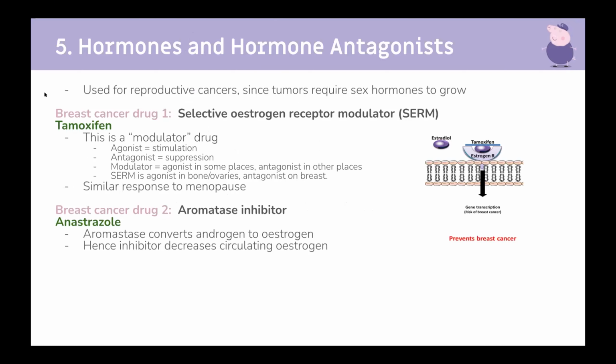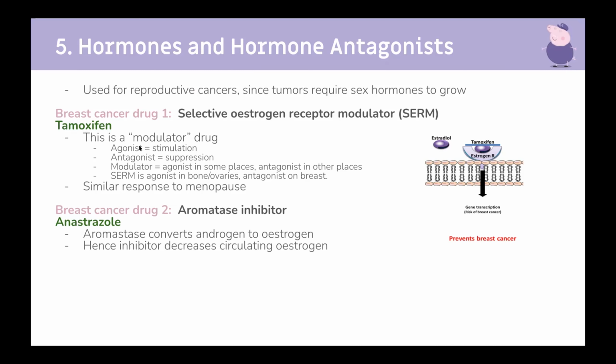Okay, so hormones and hormone antagonists. These are used for reproductive cancers, so that's mainly breast cancer and prostate cancer. You can give tamoxifen, which is an estrogen receptor modulator.